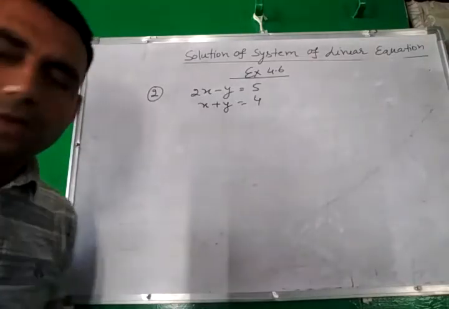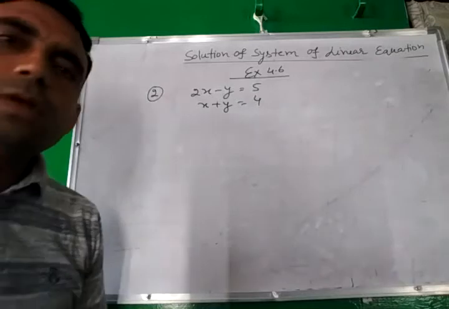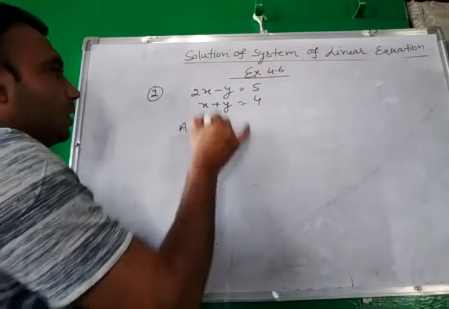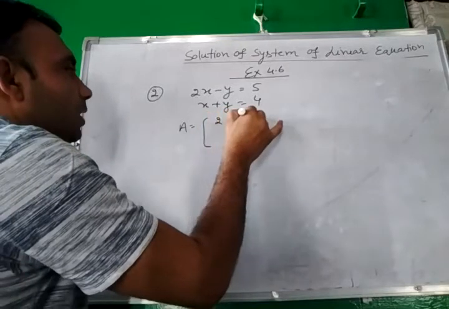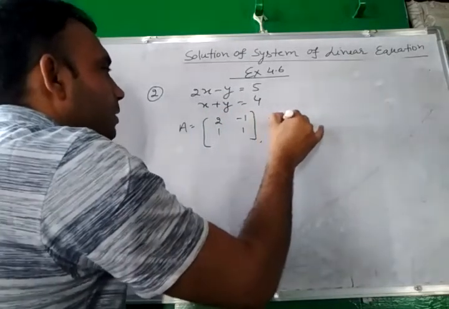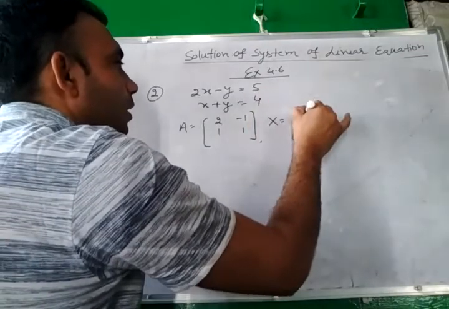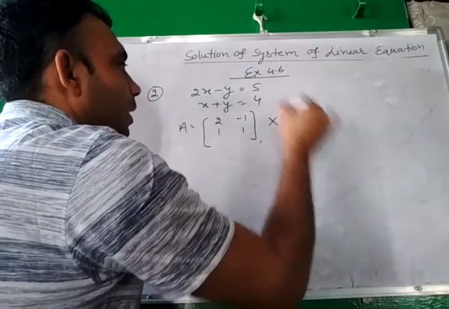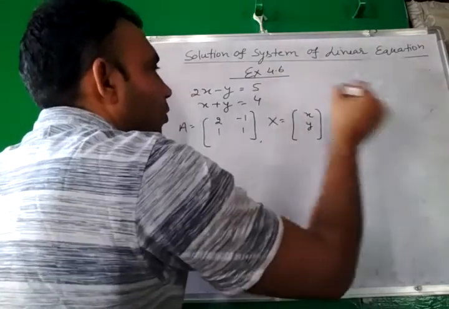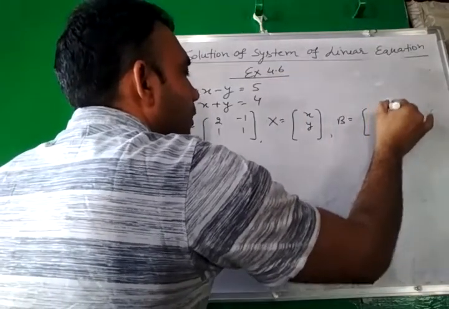So first we will arrange it in the form of matrices. A is the matrix of coefficients 2, minus 1, 1, 1. X is the matrix of variables x, y. And B is the matrix of right hand side constants 5 and 4.